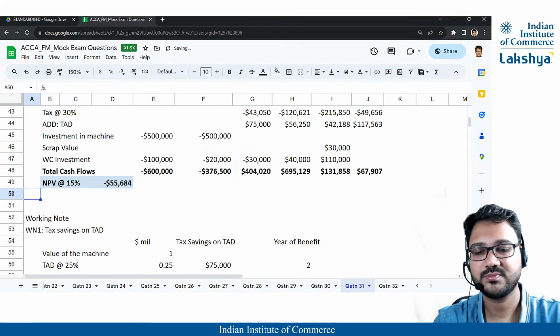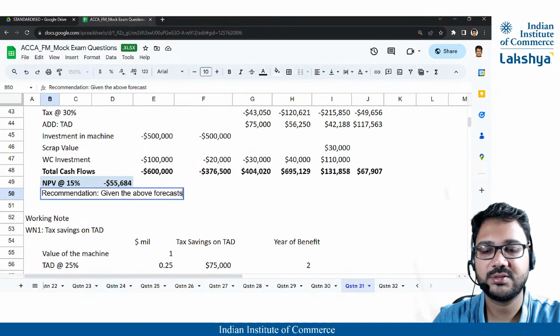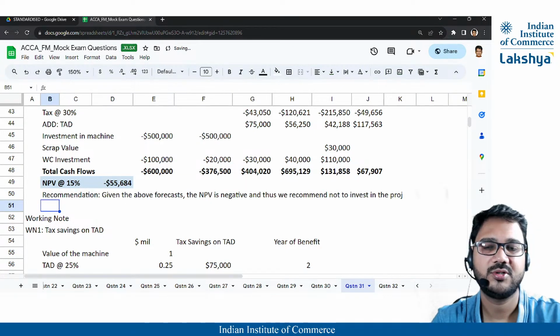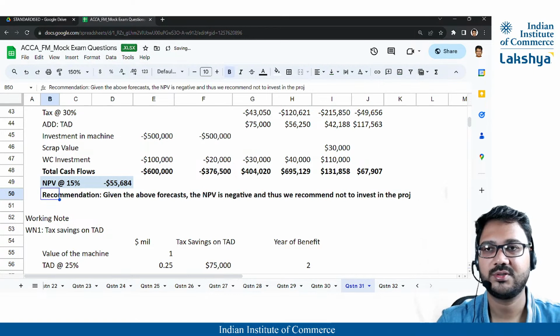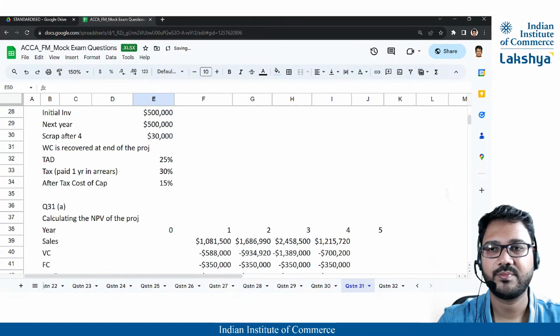So our recommendation was: given the above forecasts, the NPV is negative and thus we recommend not to invest in the project. Right? Just mention that. Okay.